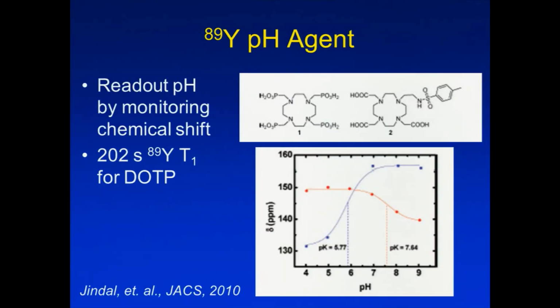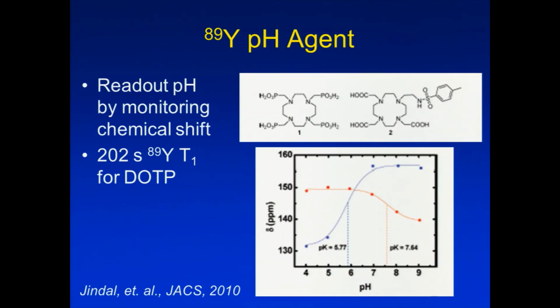This is some work that we did at UT Southwestern, and I just want to make the point that, one, you're not restricted to carbon-13, and two, there's different advantages to different nuclei. Yttrium, for example, has a T1 that is much longer than any carbon-labeled compound that's out there, and therefore you can hyperpolarize this.